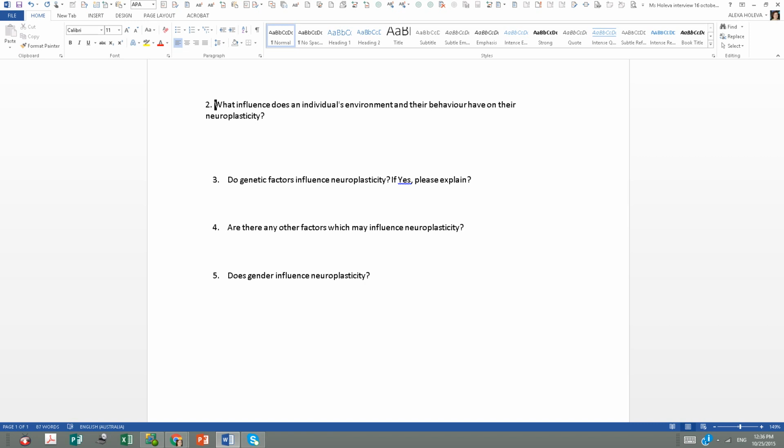So if we say that a person genetically is predisposed to have a high IQ or a low IQ, for example, a Down syndrome person, by genetics, of course, the neuroplasticity, that means the ways the brain can be connected, may be affected.